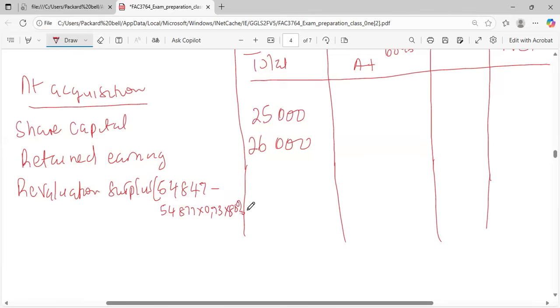What are we going to minus there? So it's going to be 54,847, then we say times 0.73 times 80%.